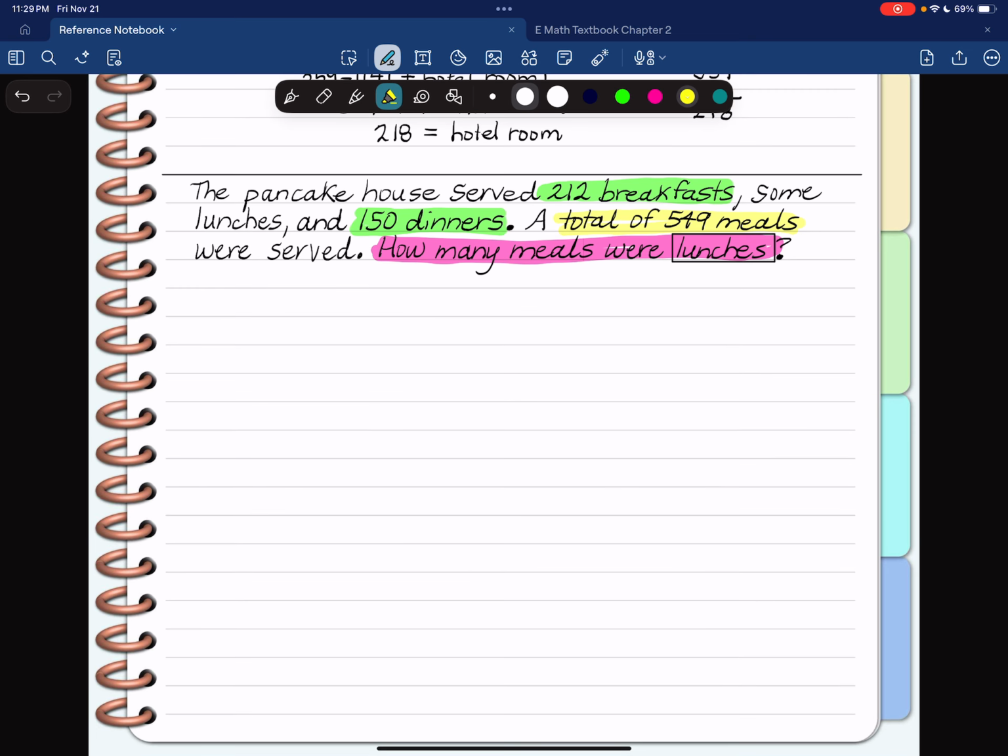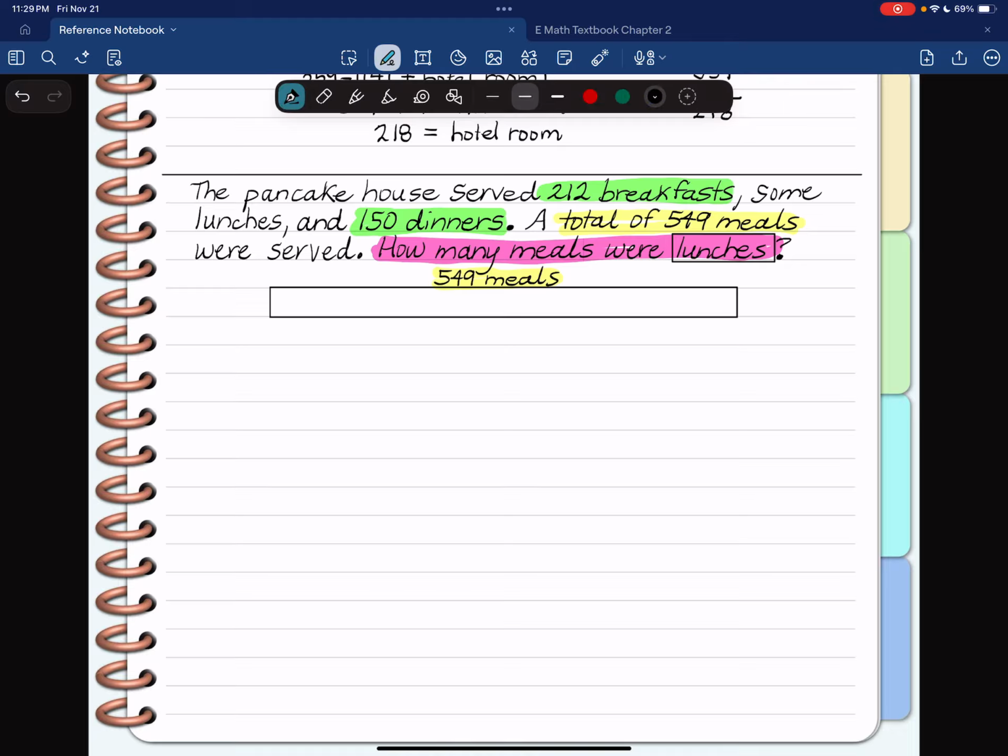So let's draw our bar model. Just make yourself a bar. Doesn't have to be fancy. And let's put our total up here. We know that our total was 549 meals. And then we're going to break down the types of meals inside the model.